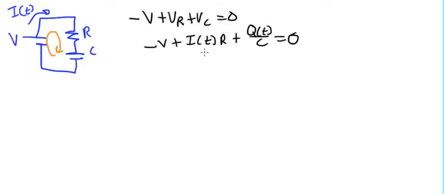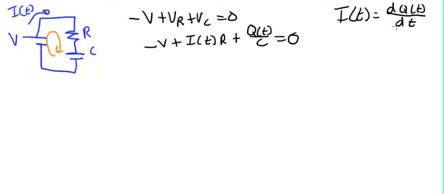So now we need to make this all be one function so that we can solve for it. The trick you need to remember is how the current and the charge are related, and it's pretty simple. Current is just the time derivative of the charge. More or less, as most of you are familiar, current is just how much charge is moving per time.